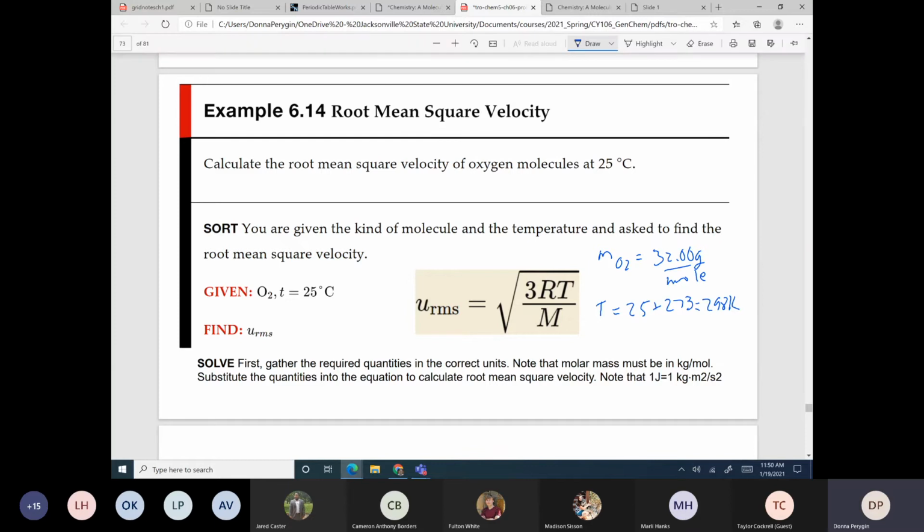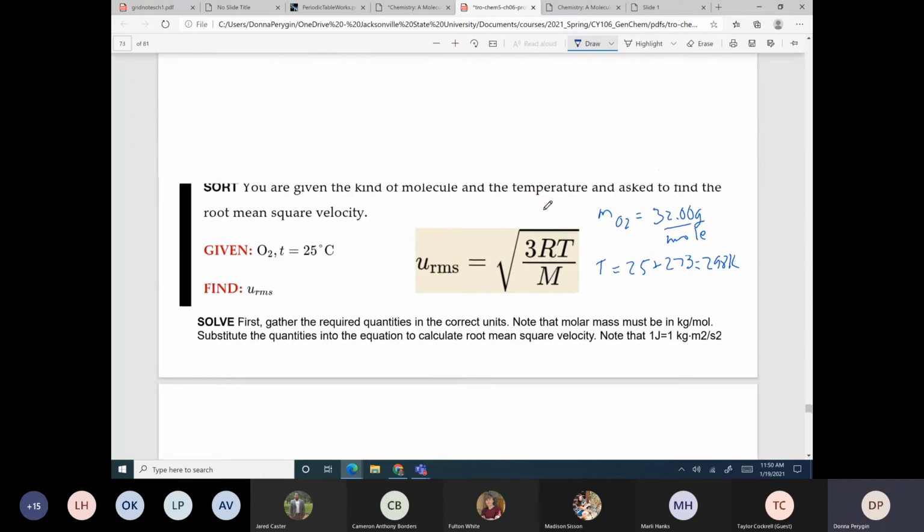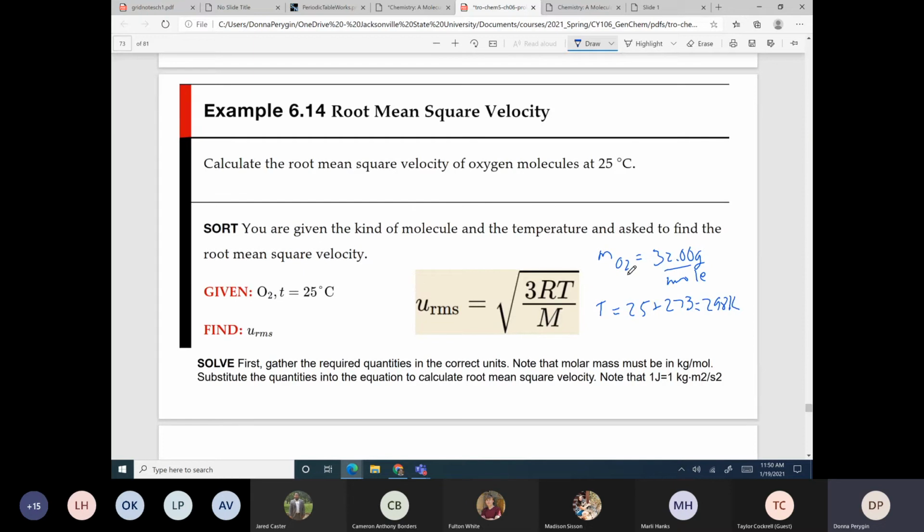Oh, I completely forgot to mention this. All right, grams. We've got to have that in kilograms per mole. Okay, I forgot about that. The molecular weight here is not in grams per mole.